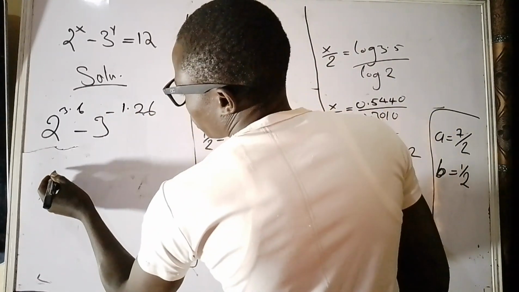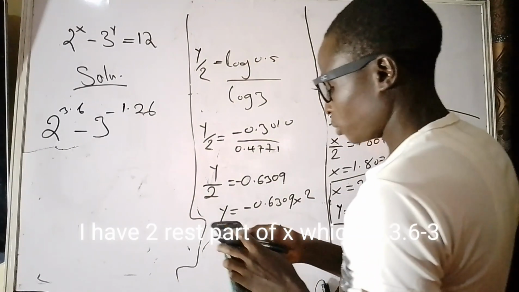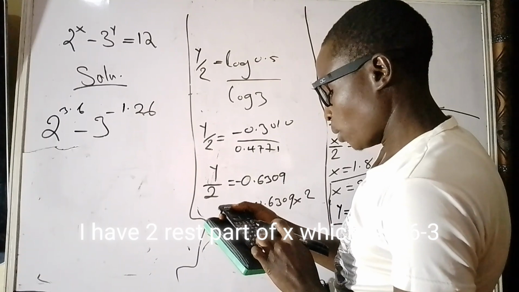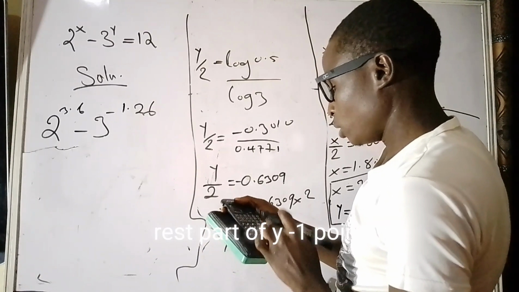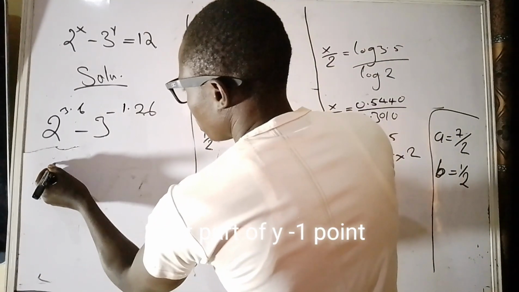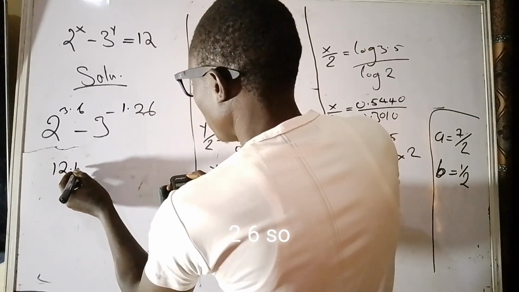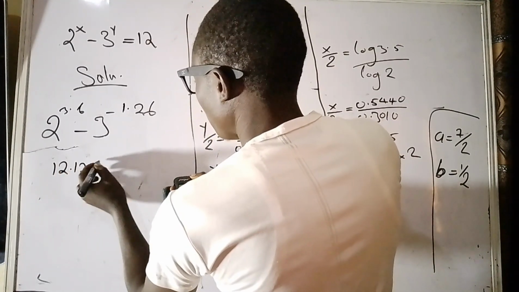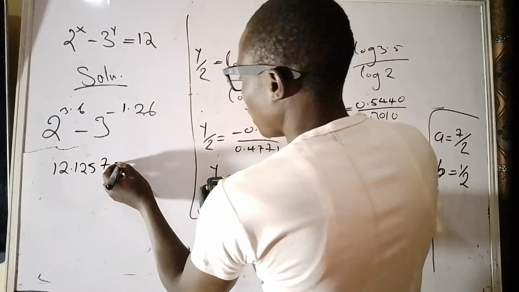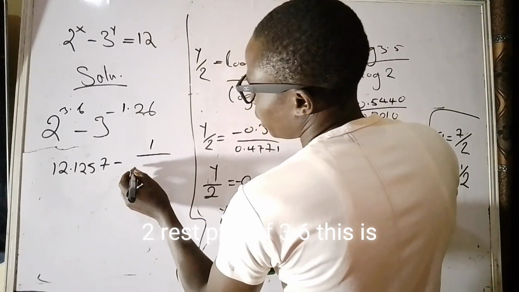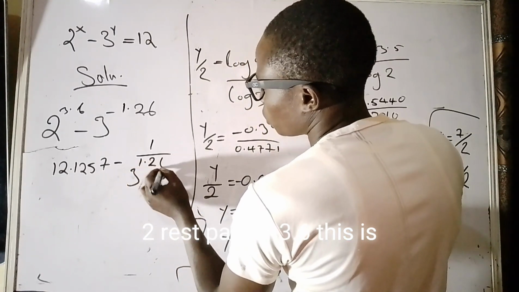So 2 raised to the power of 3.6 is 12.1257 minus, this is the same thing as 1 over 3 raised to the power of 1.26.